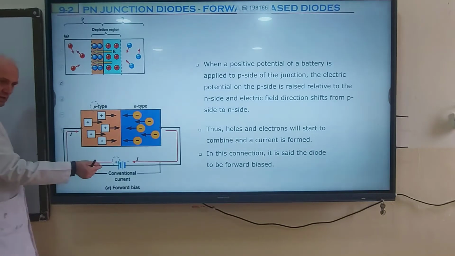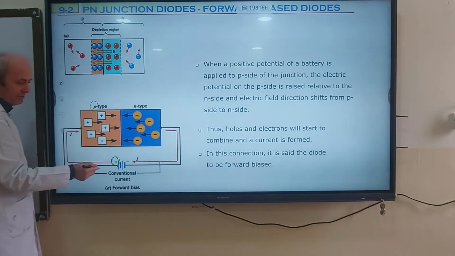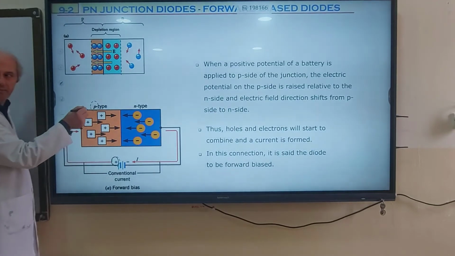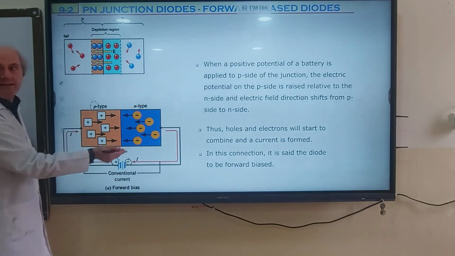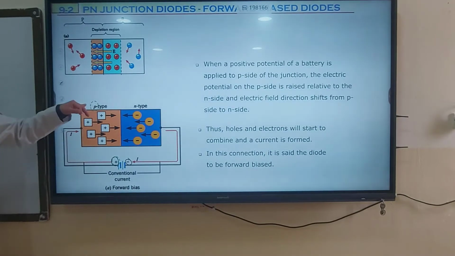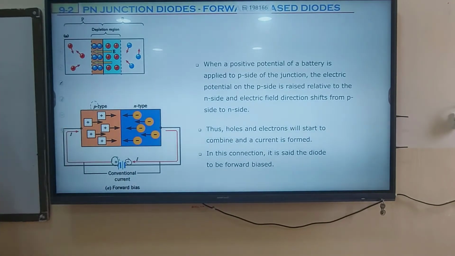You have to connect the positive terminal of the battery to P-type and the negative terminal of the battery to N-type. Positive to P-type, negative to N-type. This diode is forward biased. It will let electric current.